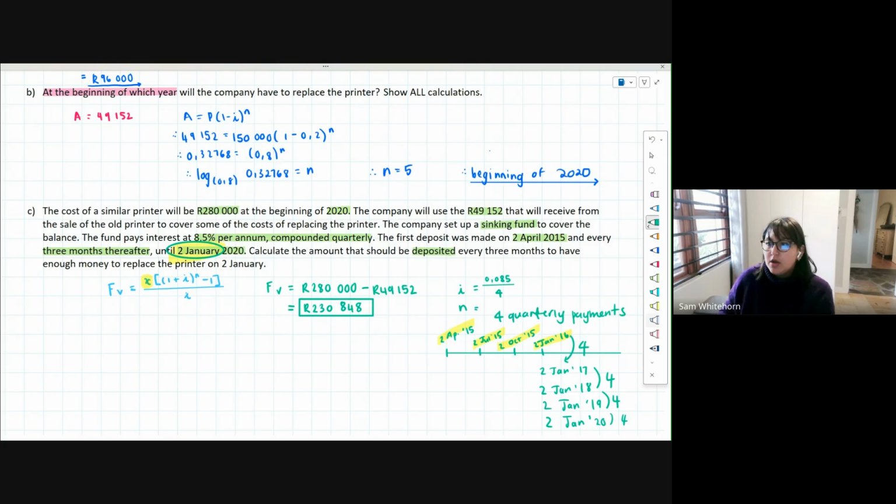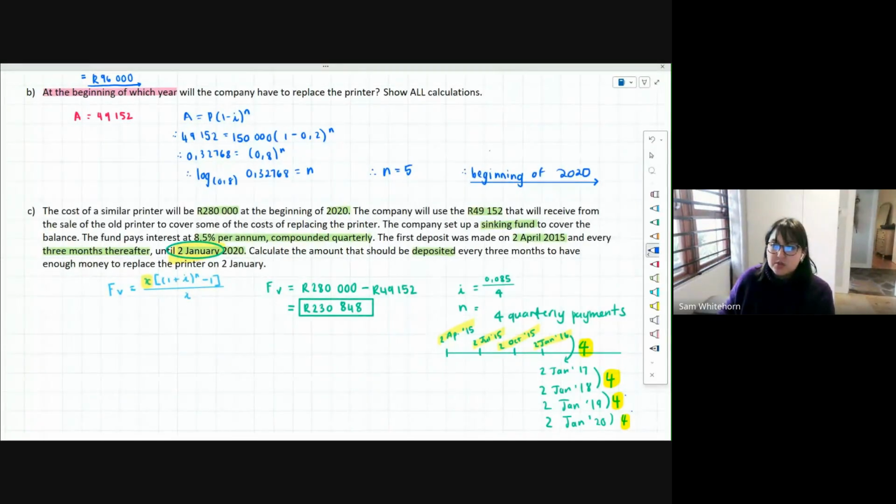Okay, good. So what have we established? Well, we have established that I've already made the 4 quarterly payments that I've highlighted in yellow. That took me up to the 2nd of Jan 2016. Then in the next year, I made another 4 quarterly payments, another, another. So if I take everything I've highlighted in yellow and add it up, that's the number of quarterly payments I'm making.